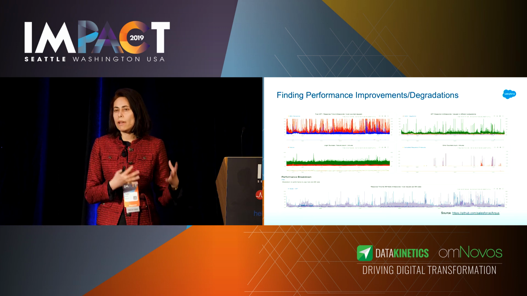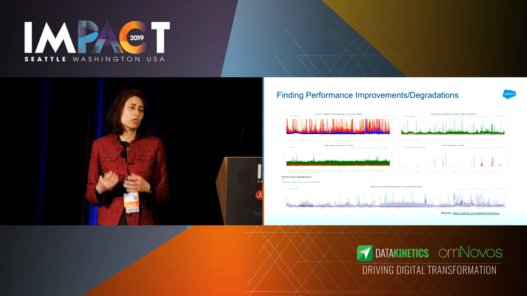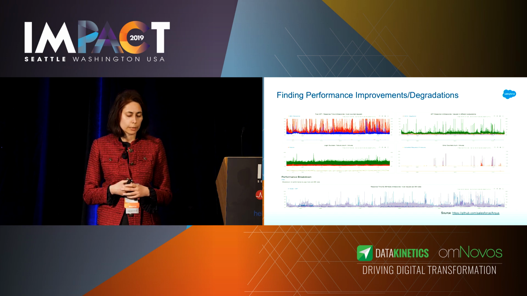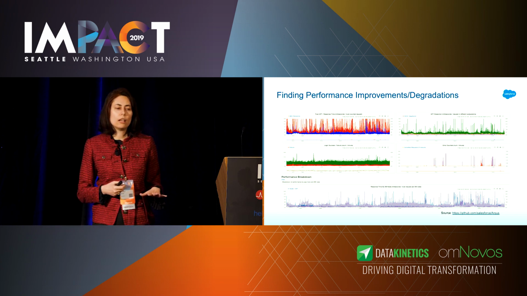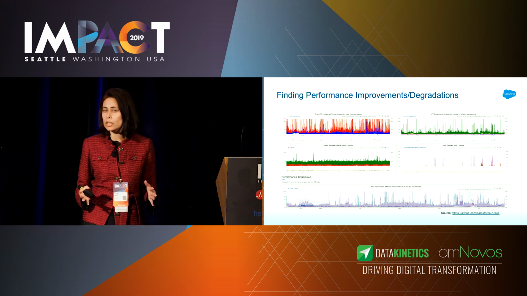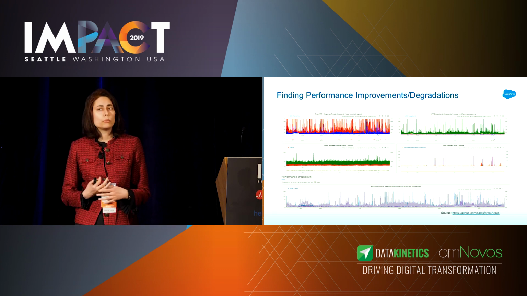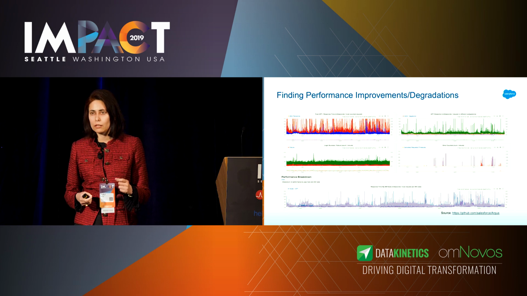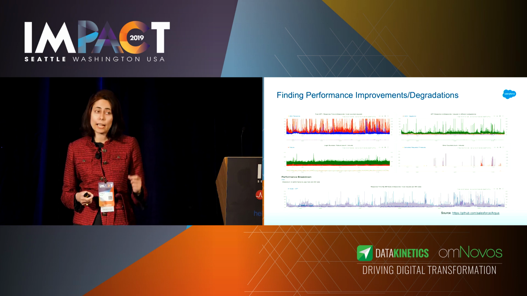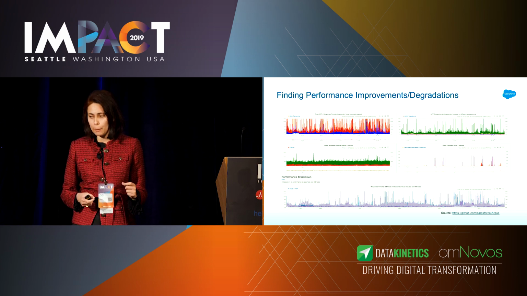Like which metric or what bottleneck in my system is really causing my CPU to increase. Not very difficult to do, once again, for maybe a few servers, but very soon we'll realize it's not a scalable solution. So we want to automate this part of the anomaly detection process.